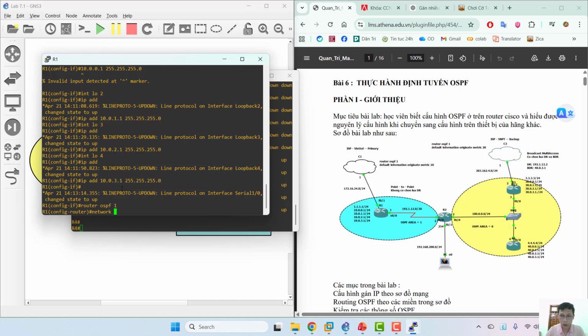In router 1, we have some networks, so I enter the networks one by one: 1.12.0, and we have some tables for your subnet length, right? 30 is to 3, yeah, and area 1.